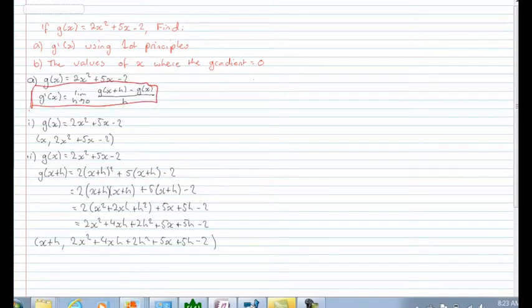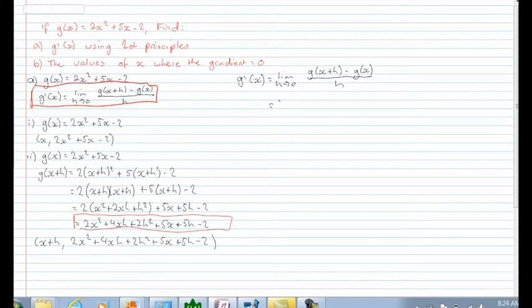Alright, so now we need to substitute that into our gradient formula that we have right here. So g dashed of x is our gradient formula, the limit as h approaches 0 is equal to g of x plus h minus g of x over h. Okay, substitute that in. So g of x plus h ended up being this answer down here.